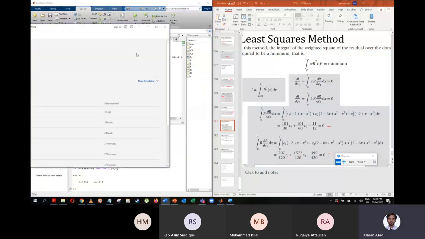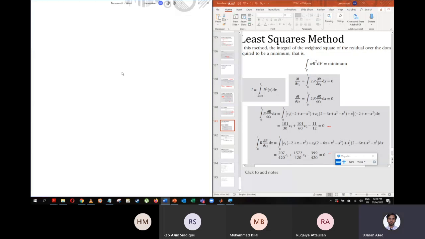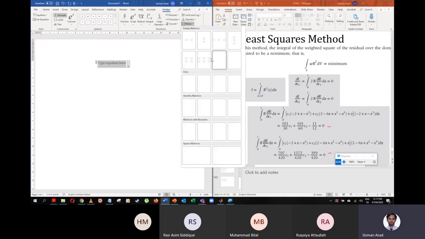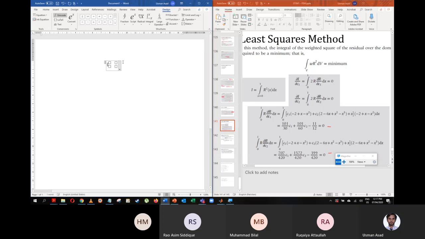If I write it in a matrix form, what it's going to look like is 2 by 2. 101 over 30, 101 over 60, 707 over 420, 1572 over 420, multiplied by C1 C2, तीसरा कुछ नहीं है, is equal to 11 by 12 and 399 over 420.